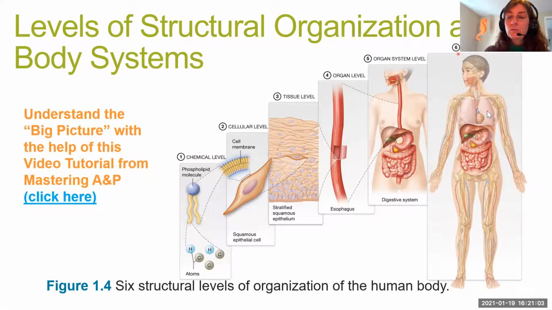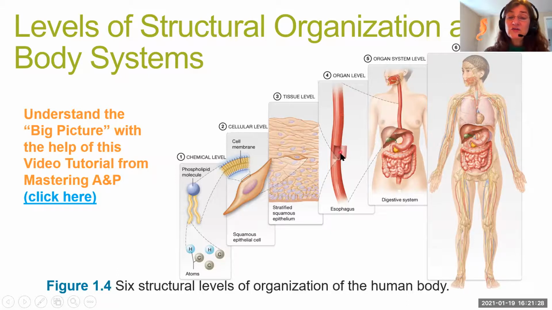Look at the big scale here, like this person, this whole organism. What are they made of? Well, they have a digestive system, and they have a respiratory system, and they have a nervous system. Or you could look at the organs. Well, they have an esophagus and a stomach and a liver. Those are the organs of the digestive system.